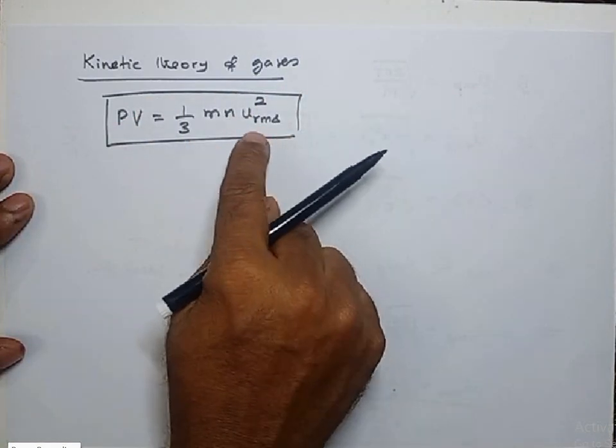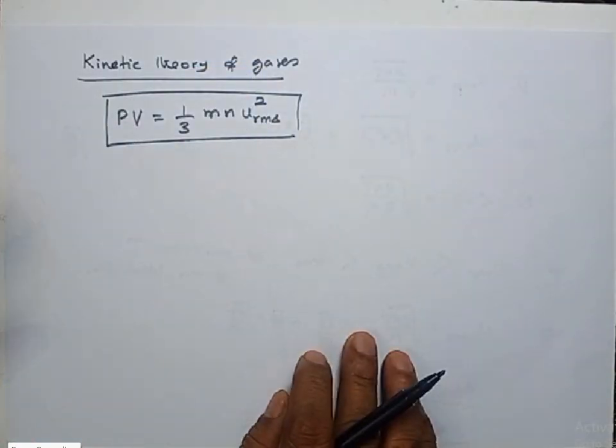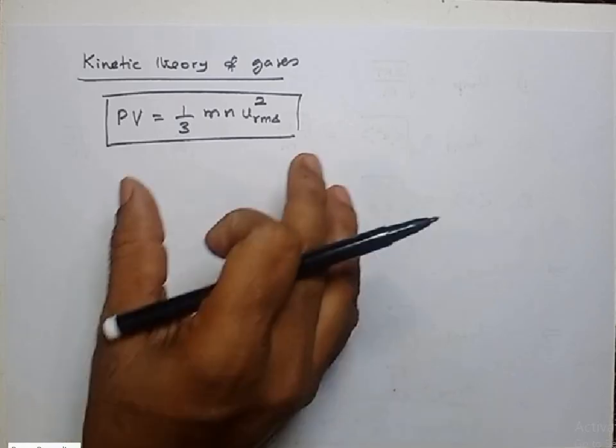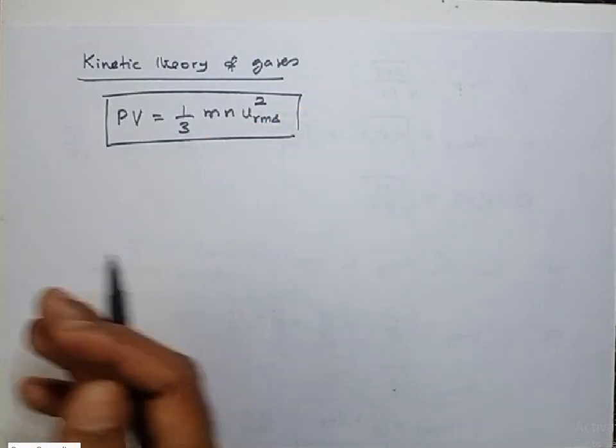URMS, you know, root mean square velocity, and we have square of URMS. Now listen carefully. In lower classes, people will use this formula to find the root mean square velocity and other velocities.